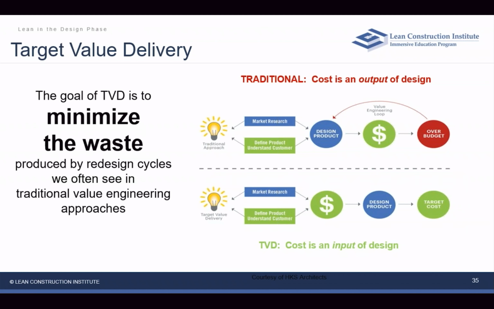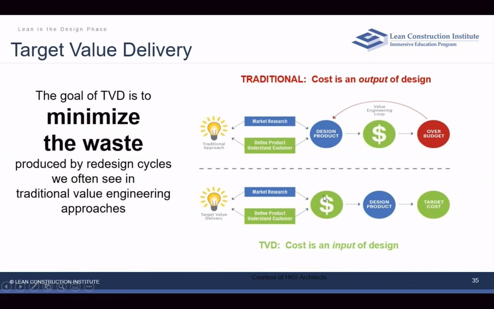So target value delivery fundamentally shifts the dial. It gets the estimating, the costing, before we're doing the design. The goal of target value delivery is minimizing the waste produced by redesign cycles that we often see in these traditional value engineering loops.